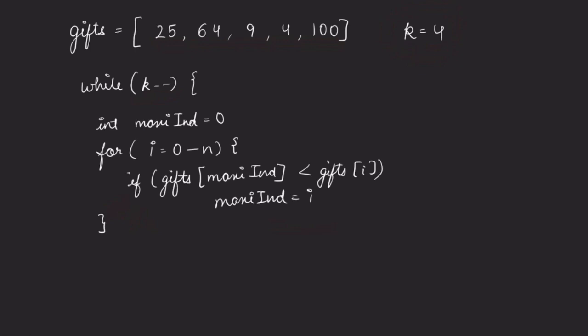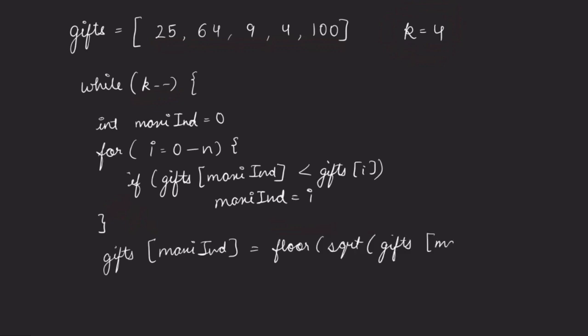Now we need to replace that maximum element with its floor of square root. So at gifts of maxIndex, we will take the floor of the square root of gifts of maxIndex. This is what we will do in each of the operations.